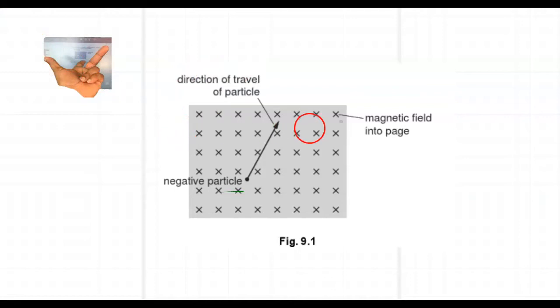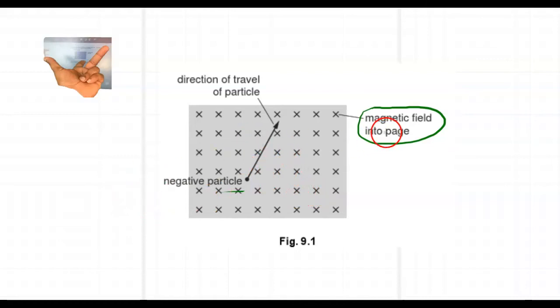If there are magnetic field lines, and particles are entering into the magnetic field, because of the interaction between the negative particle and the magnetic field lines, there will be a force acting on the negative particle, and the particle will be deflected from its motion. In which direction will the particle deflect? We can apply it here.